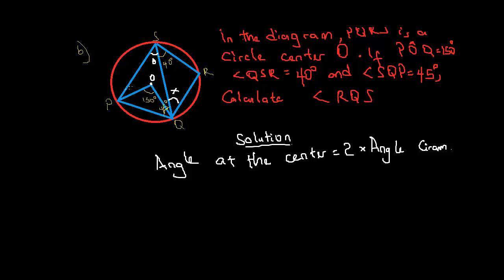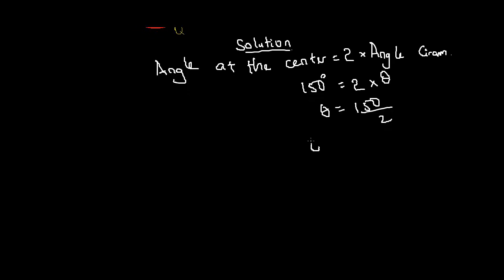If, for example, I had my circumference here, it won't be the same, but it has to be facing the center. So the angle at the circumference facing the center directly is equal to theta. So I have 2 times theta is equals to the angle at the center, 150 degrees. So this makes theta become 150 over 2, and I have theta to be equals to 75 degrees.